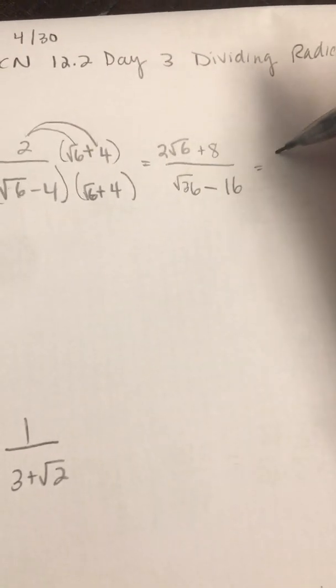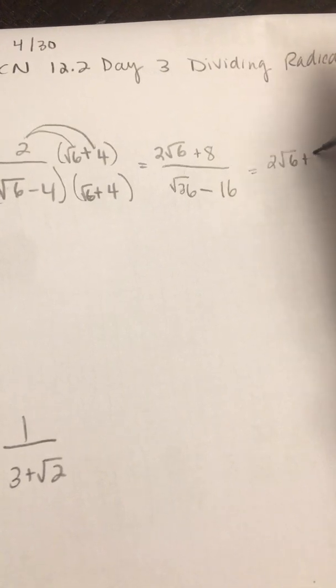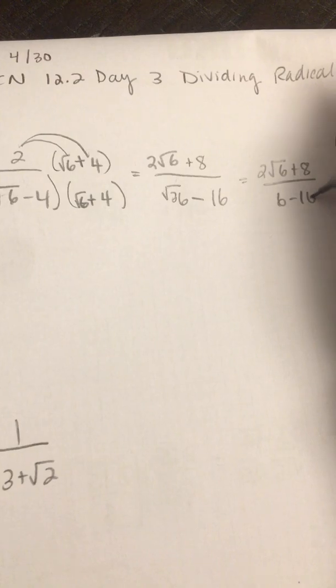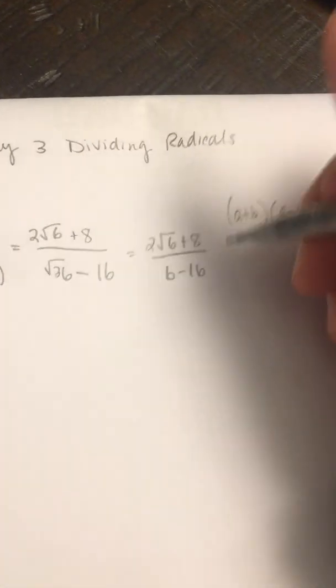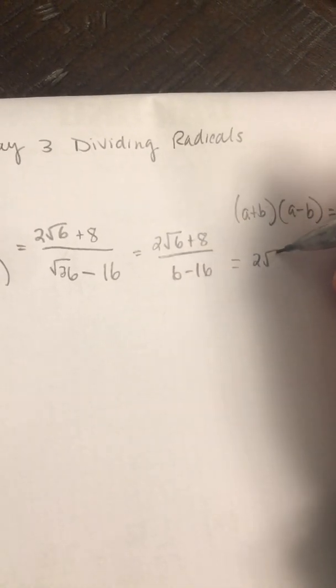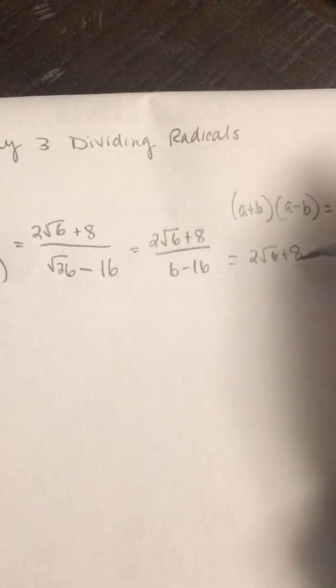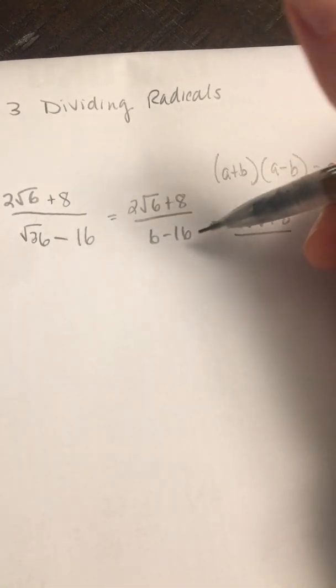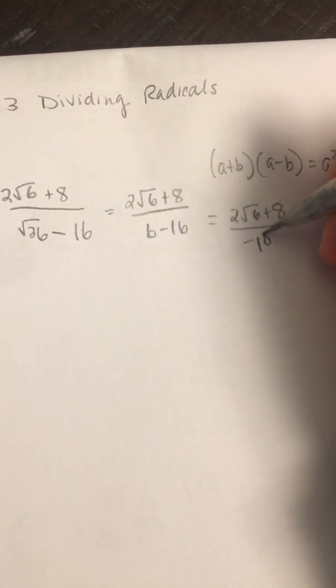And so the top's going to stay 2 root 6 plus 8 over, this comes out as 6 minus 16. Remember, I can't put these together because this doesn't have a root 6. And 6 minus 16 is a negative 10.